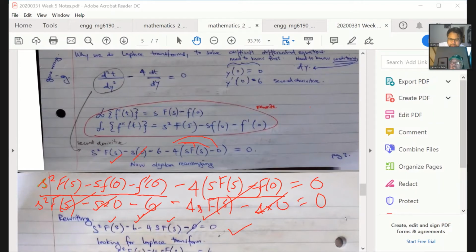So you're okay now with that step. I think the transition from this step to this step was the one that got you, didn't it? From here, from this to here is what you didn't understand.